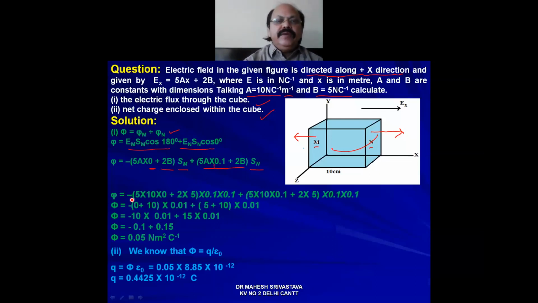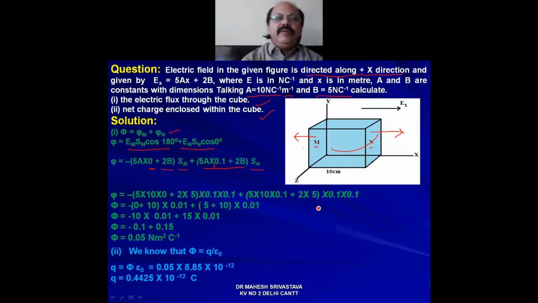So the equation becomes phi is equal to minus, within bracket, 5 into 10 into 0 plus 2 into 5, that is the value of B, into the value of area 0.1 into 0.1, plus 5 into 10, the value of A, into 0.1, the value of x, plus 2 into the value of B, 5, then multiplied by the area of N surface, 0.1 into 0.1.